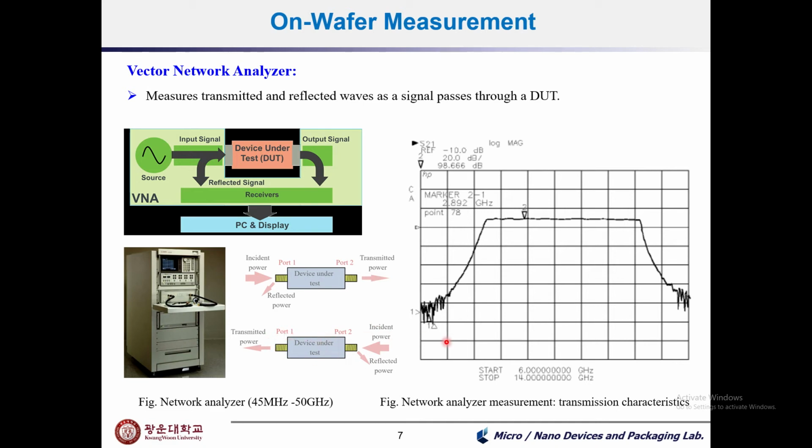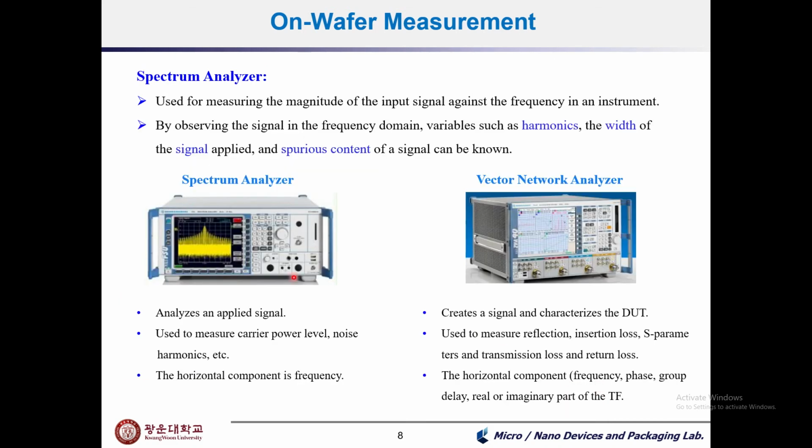This is the typical network analyzer measurement for transmission characteristics, which shows the vertical axis as the transmittance parameter, the S21 parameter, in log magnitude scale, and the horizontal component is the frequency. The signal has a frequency range of 6 GHz to 14 GHz in this case.